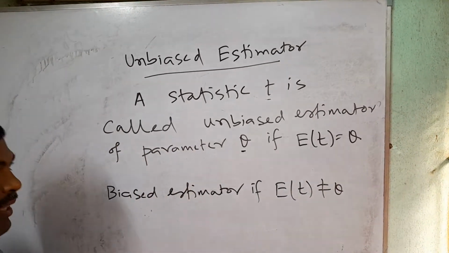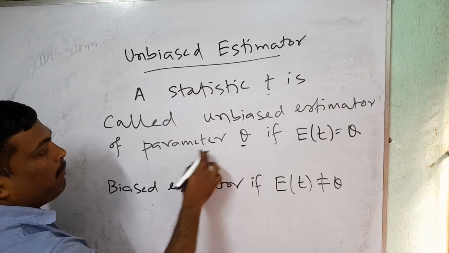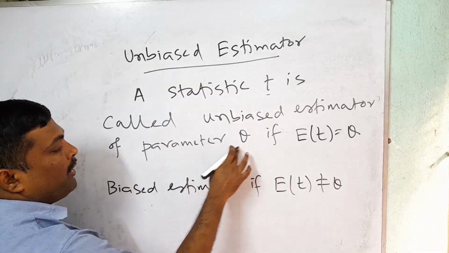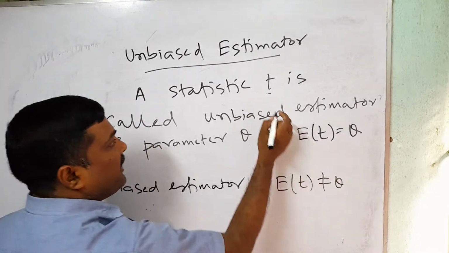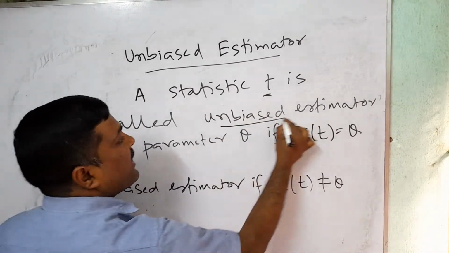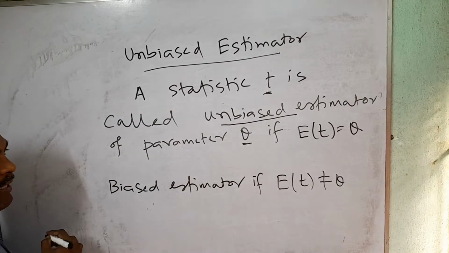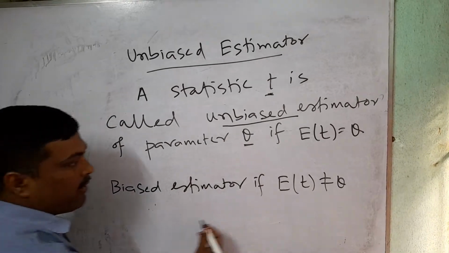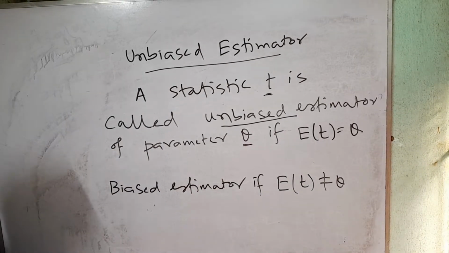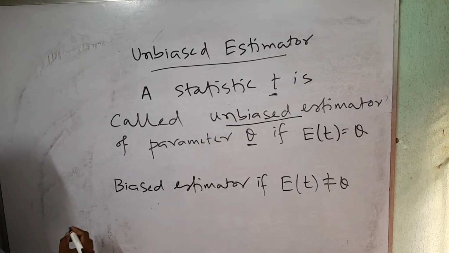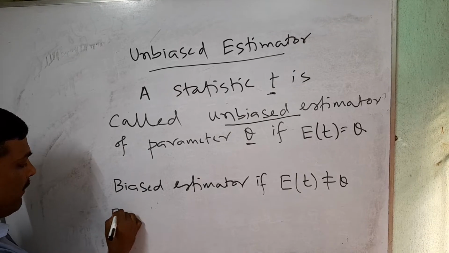Okay, T is one statistic and the parameter in that corresponding population is theta. See one example.